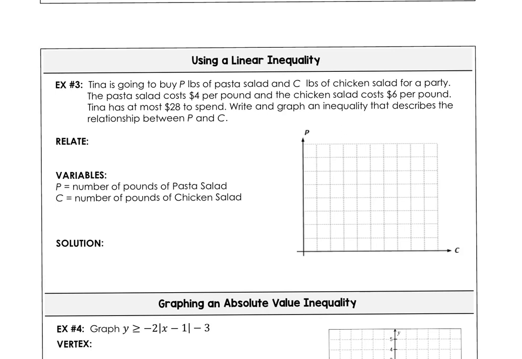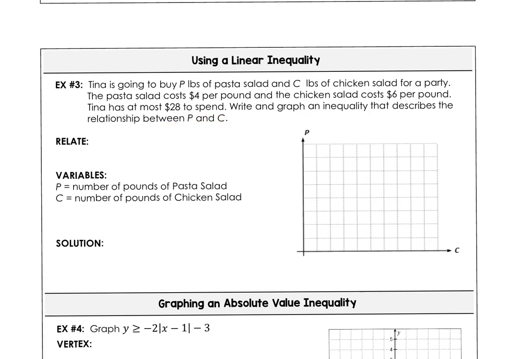Moving on to example 3, this is a practical application. Tina is going to buy P pounds of pasta salad and C pounds of chicken salad for a party. The pasta salad costs $4 per pound, and the chicken salad costs $6 per pound, and Tina has at most $28 to spend. Let's write and graph an inequality that describes the relationship between the pasta and the chicken.